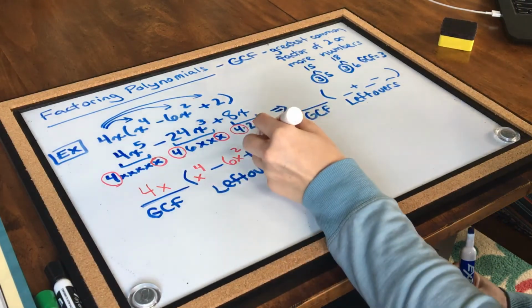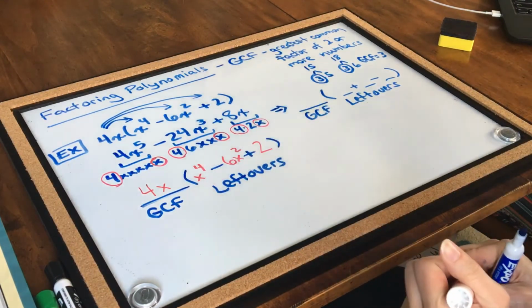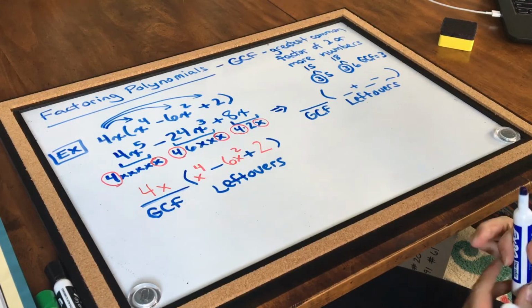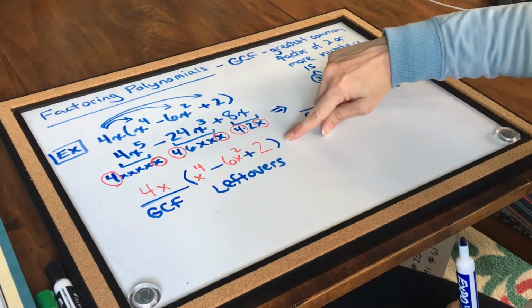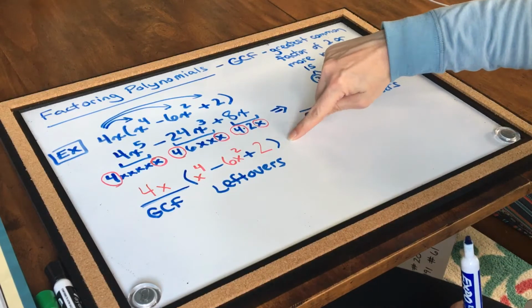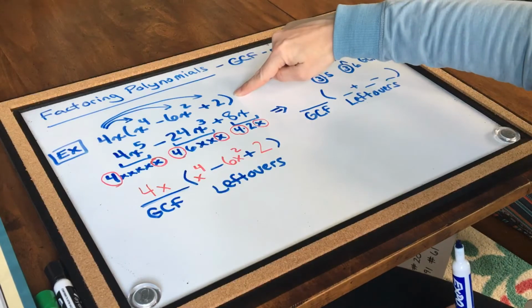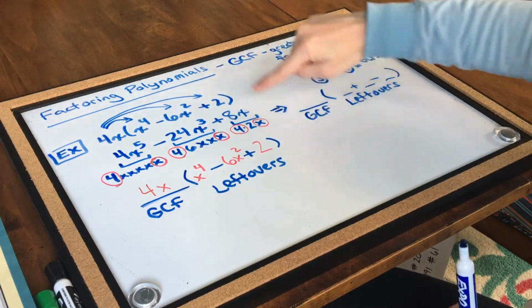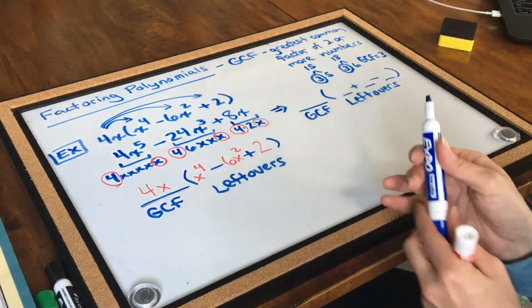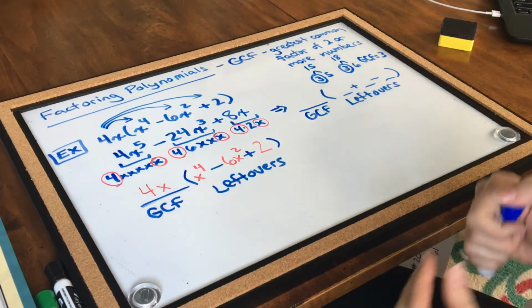Sometimes that happens, and that's okay. So all I have left is a 2, okay? What you can see is when I've done the factoring, that matches what our first expression was up here before we did the distributive property. Okay, so let's try our gotta check.